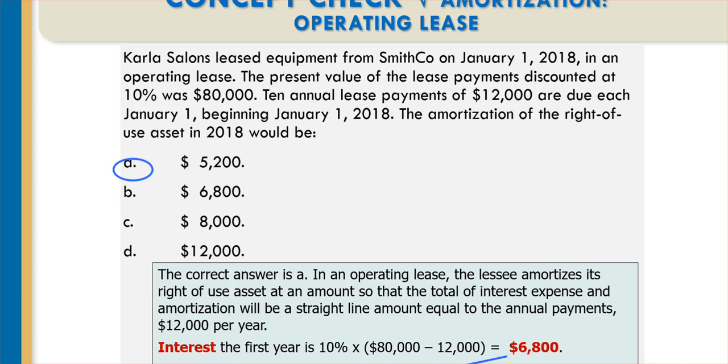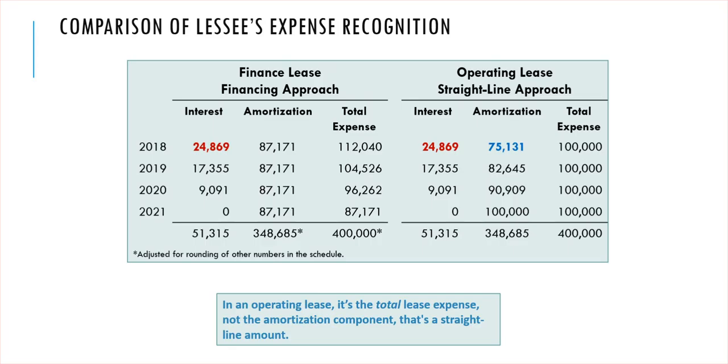If you have that, you still have to do your amortization table. You work through it, figure out what interest is, and you know that the two of them have to add up to your payment. So your amortization has to be the difference between the $12,000 payment and the interest which you've calculated off of that amortization schedule.